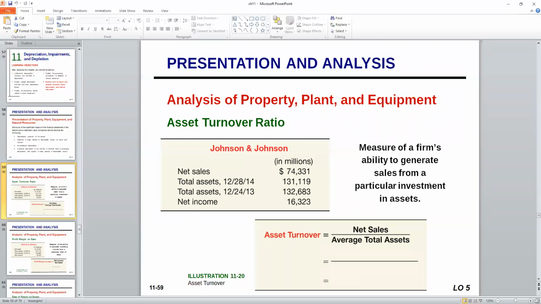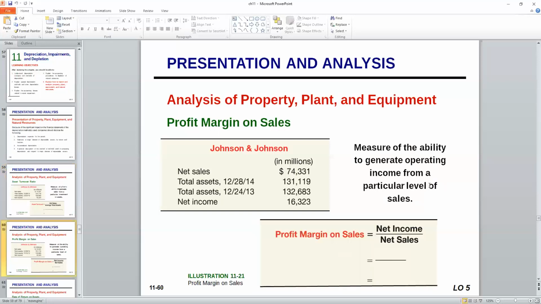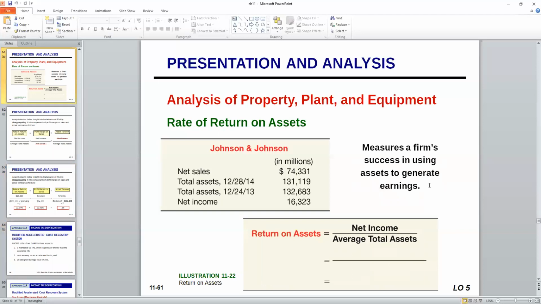There are metrics, which again are beyond the scope of our course right now, but you will certainly be looking at ratios and financial analysis in higher level courses. This gives investors and creditors some additional insight into the efficiency and effectiveness of management in utilizing the resources that they've been empowered to have.